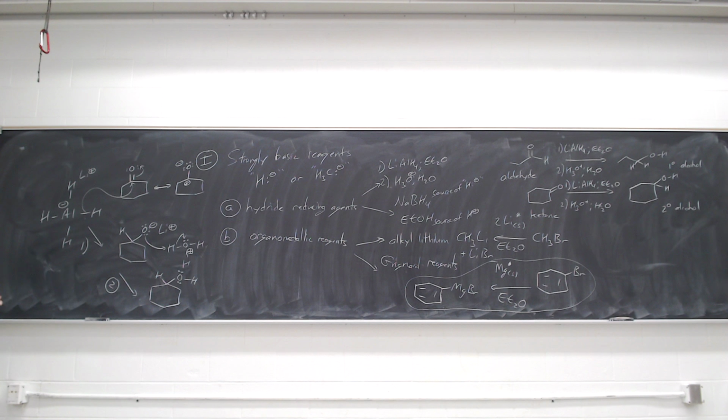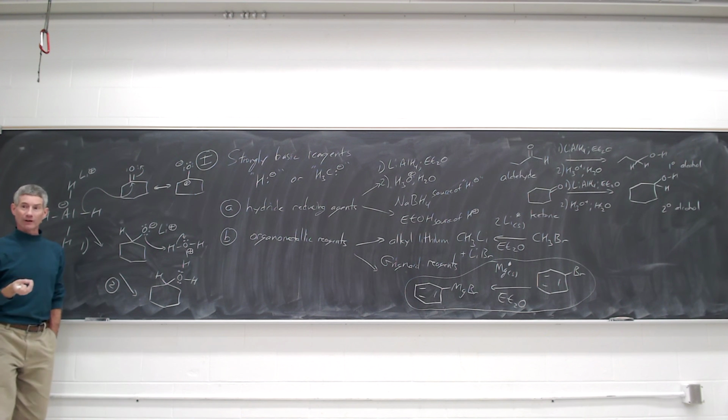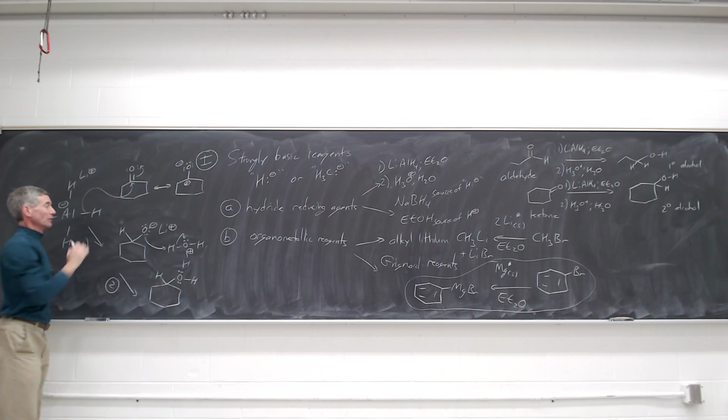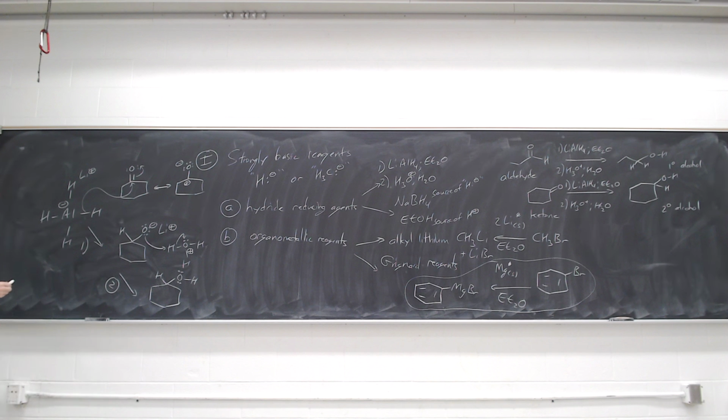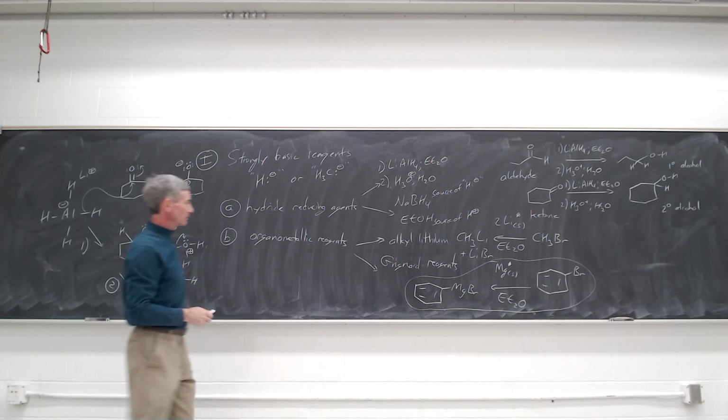If we were to use just plain old lithium hydride, because hydride ion associated with lithium is much more ionic, there's a bigger electronegativity difference, it would simply deprotonate here in the alpha position to generate the enolate. So we have to make it a little bit less basic by attaching it to a metal with a higher electronegativity value than the alkali metals.